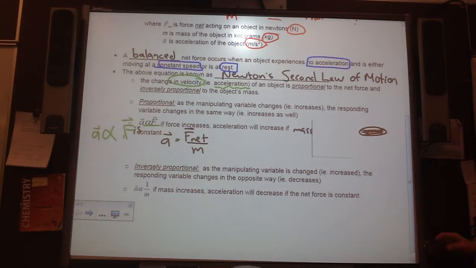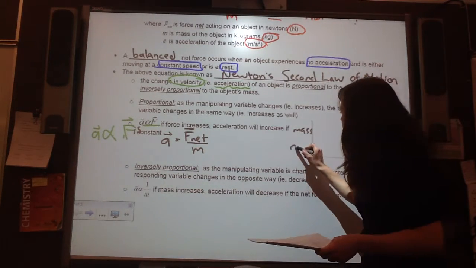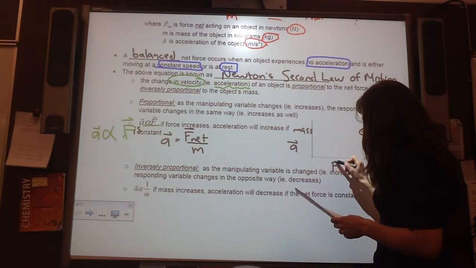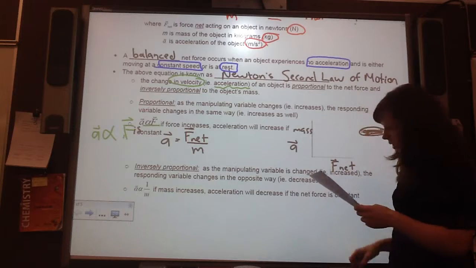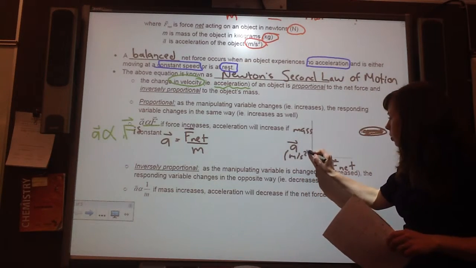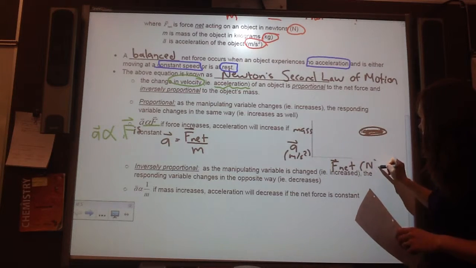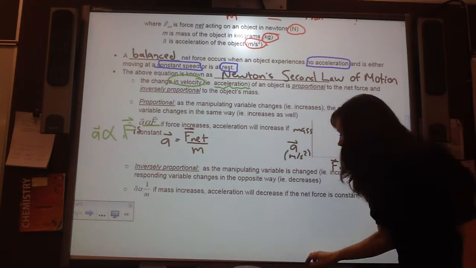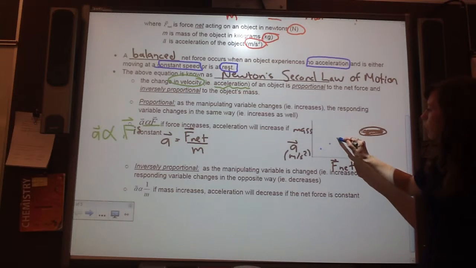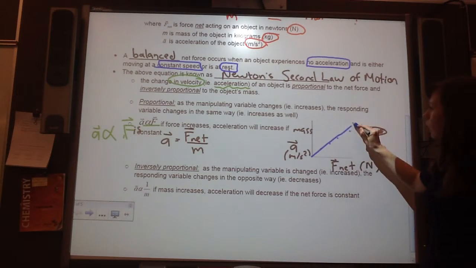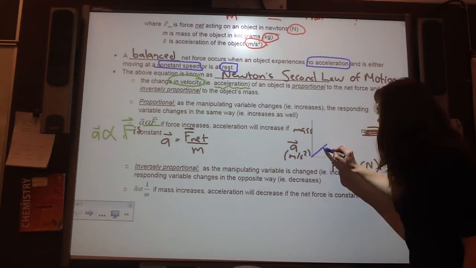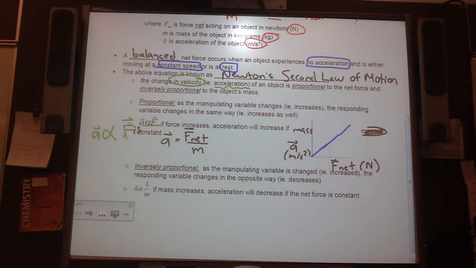So if I keep mass the same, and I change my A, if my A is my response, in meters per second squared, F net is in newtons. So if I increase F net, my A will increase. So you will get a relationship that looks linear. You get a linear relationship.